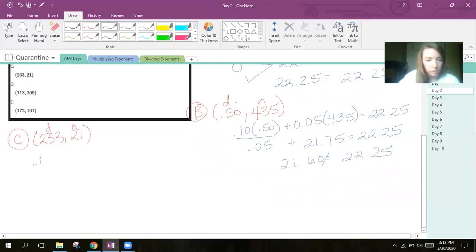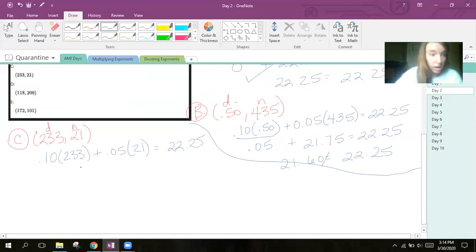We have 0.10 times 233 plus 0.05 times 21, and that equals 22.25.